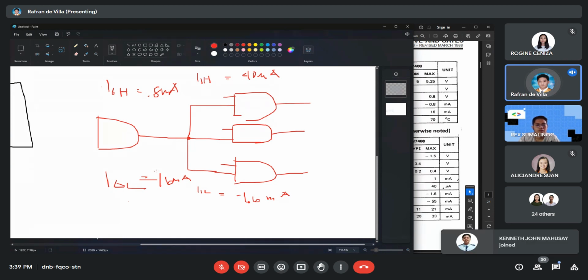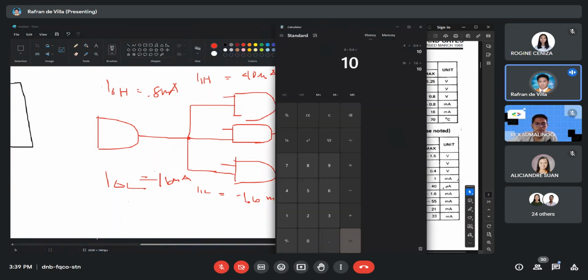To come up with a value of 10. Okay, so output over input. Output over input. Okay, so manay ang gigamit guys. Output over input.